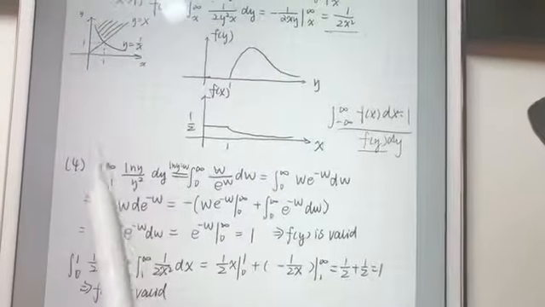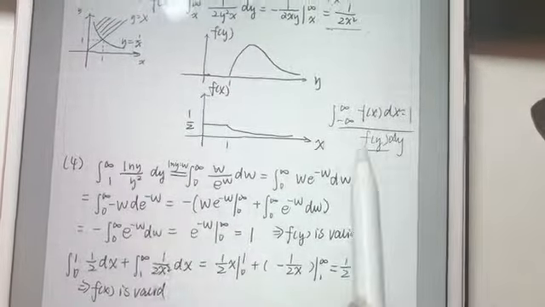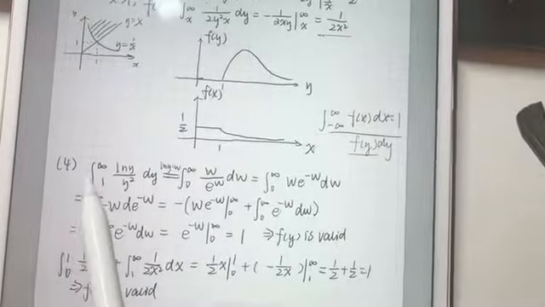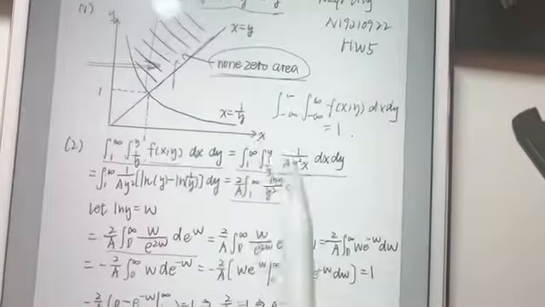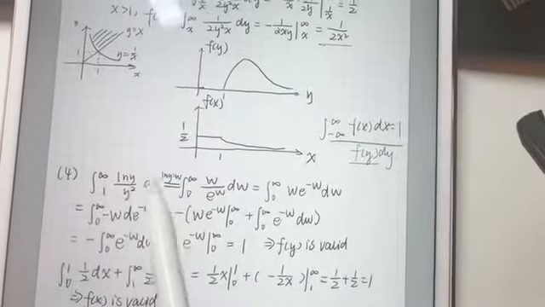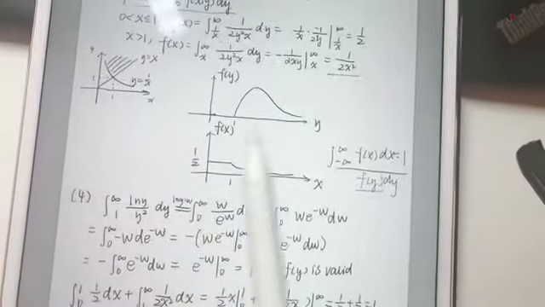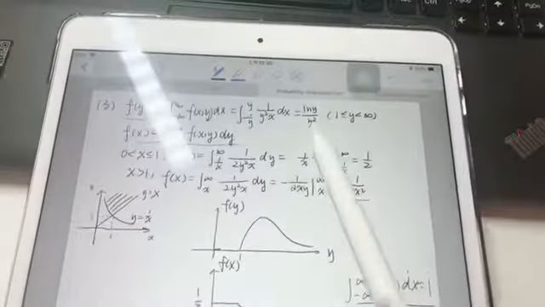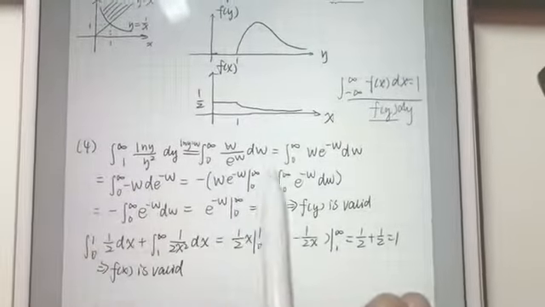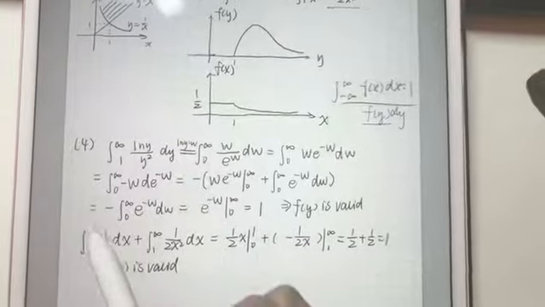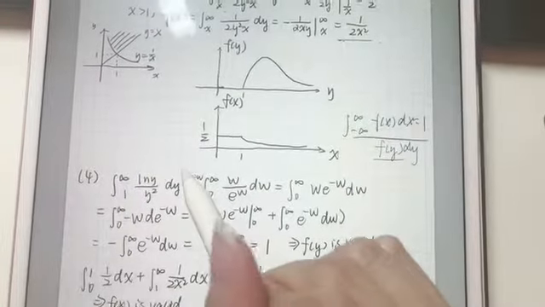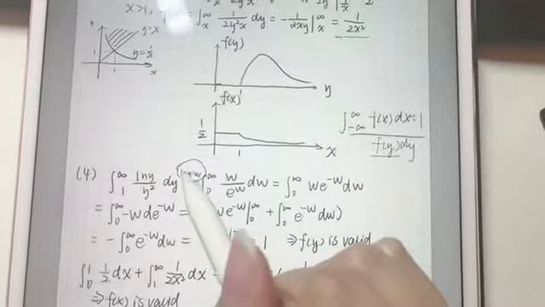So we can get the integral from minus infinity to infinity of f_Y dy, which will be the integral from 1 to infinity of f_Y. f_Y is this, and calculating, we also let w equal ln y.